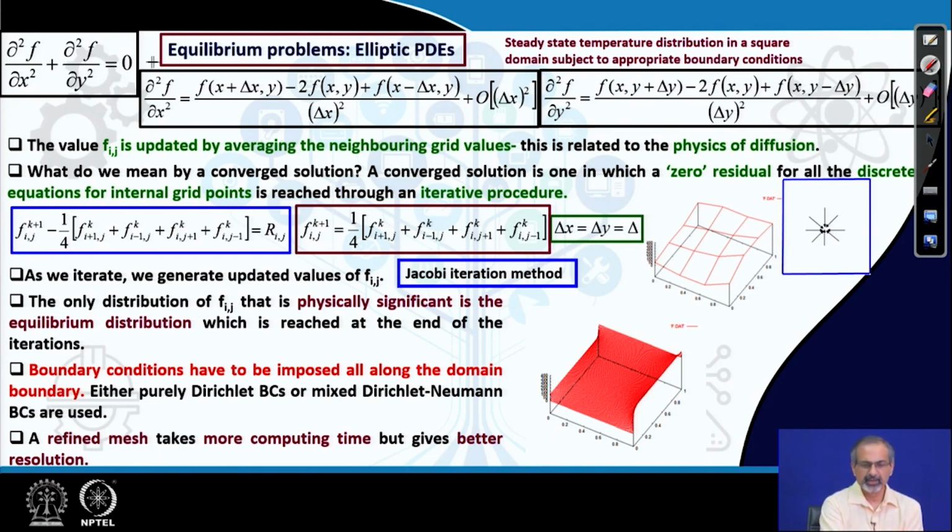We begin by looking at equilibrium problems involving elliptic partial differential equations. So, what we have here is the problem of solving the Laplace equation. The dependent variable is f, which is a function of x and y. We already learned the second order derivative of f with respect to x. It is a partial derivative here, mind it.